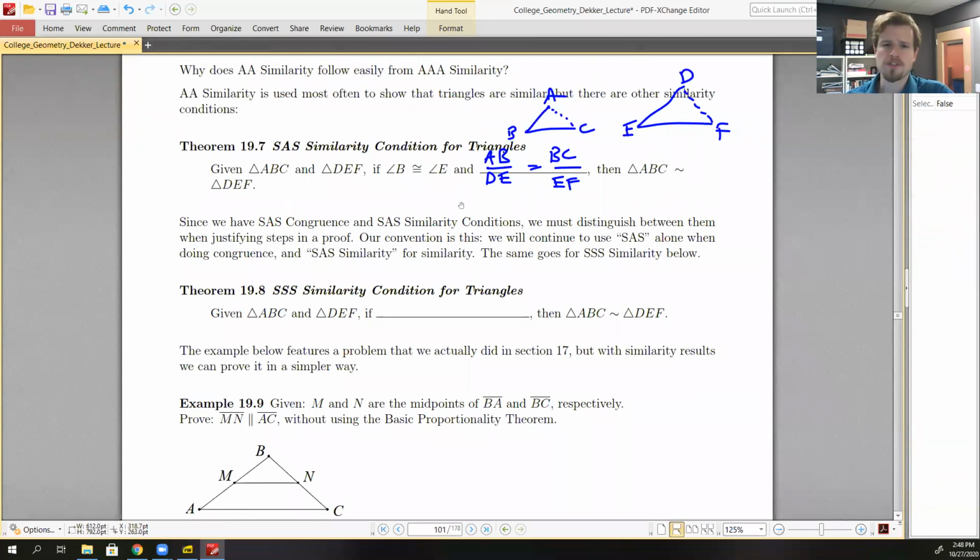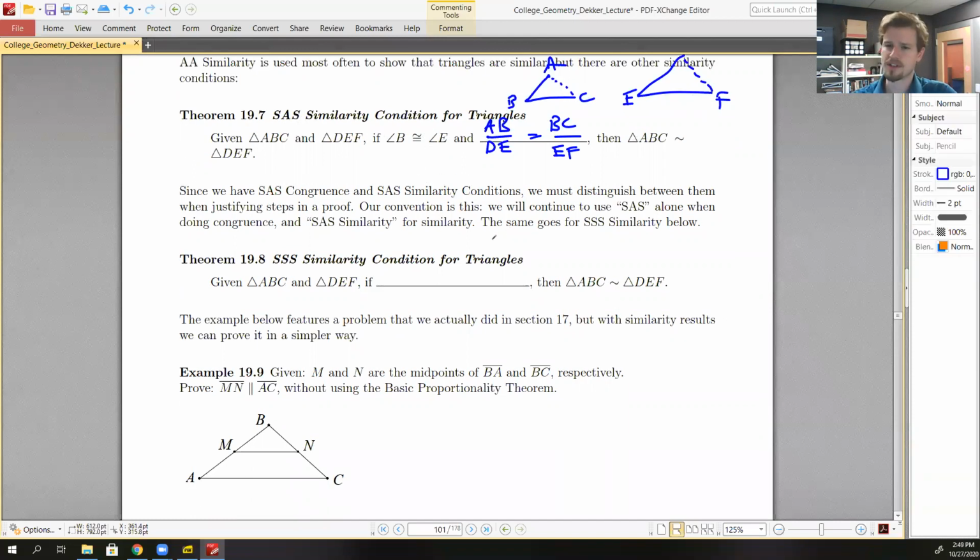A notational concern here: we have the side angle side congruence condition for triangles, and we want to make sure that we are referencing them differently. So side angle side congruence is going to be referred to the same way that we have been, and side angle side similarity will be referred to as side angle side similarity, SAS sim for short. What we would be looking for is congruent angles.